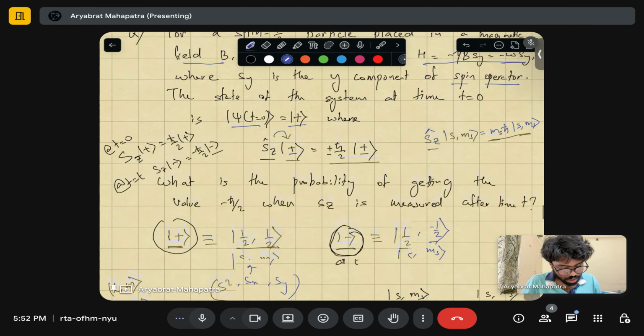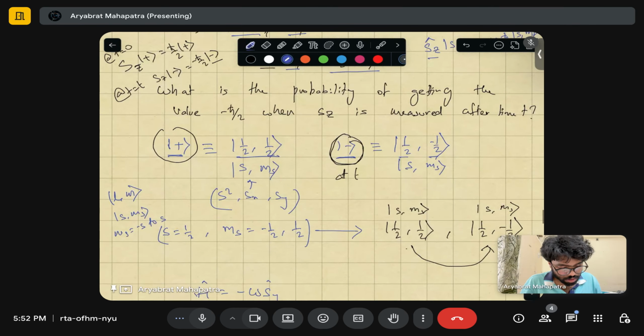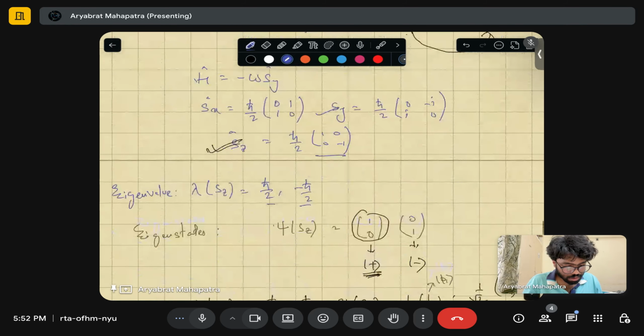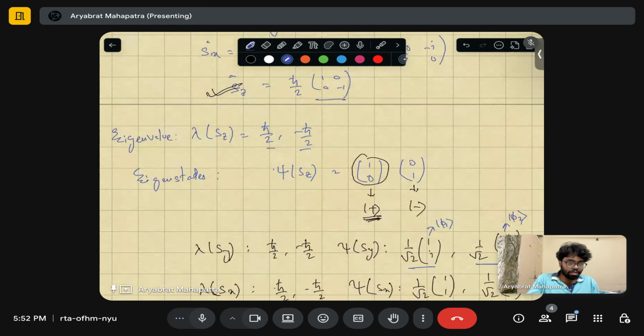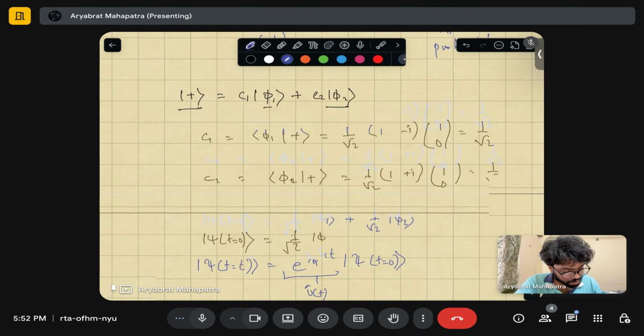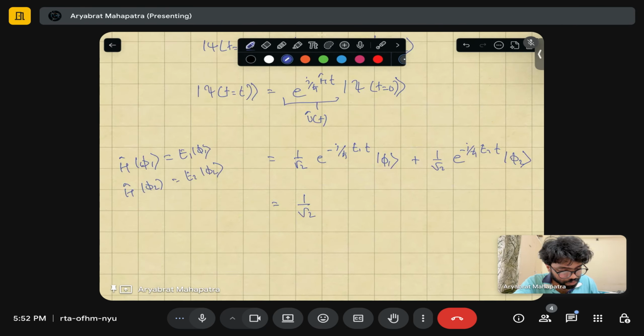So using that, I can basically write e to the power minus omega Sy, that is i omega by 2 t phi 1.